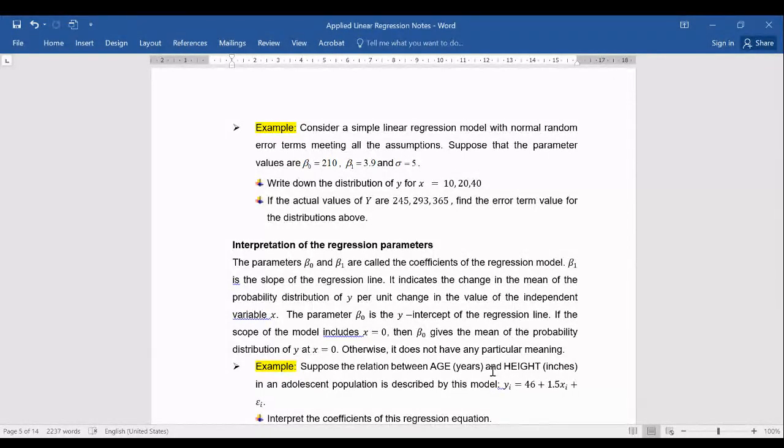Now we know the actual value of y when x is equal to 10 is 245. If that is the case, let's go back to the whiteboard.